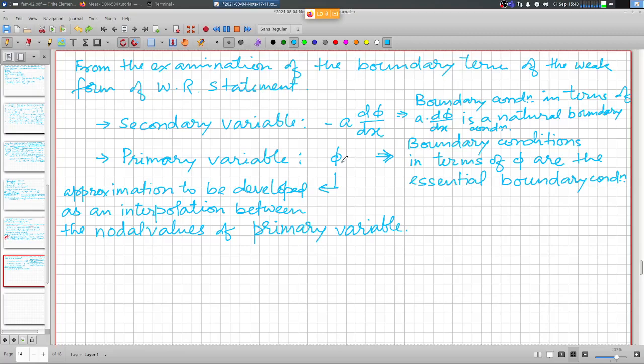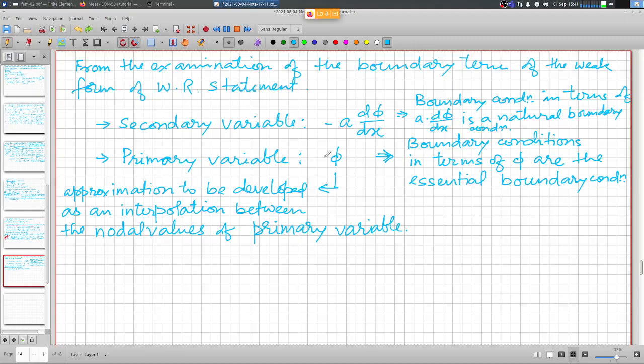And therefore it is important to recognize this step is extremely crucial to identify what are the primary variables and what are the secondary variables of the problem. And if you cannot do that, then we can't really proceed much in the process of construction of finite element approximation.